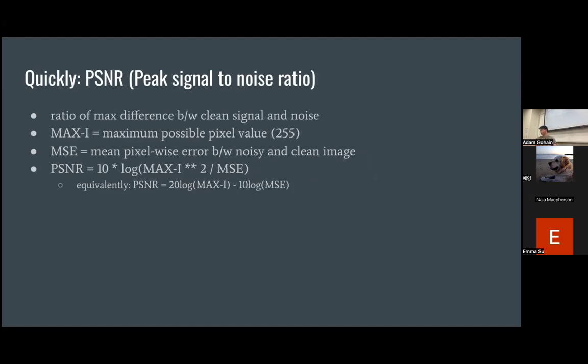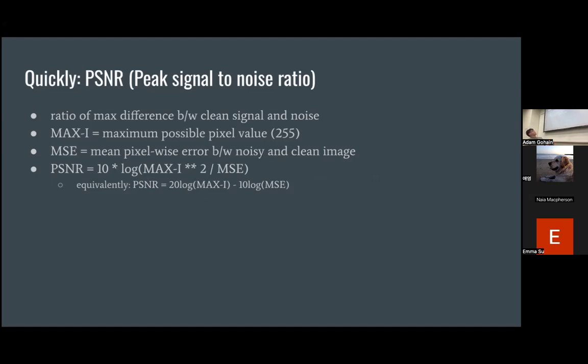So PSNR quickly is just the ratio of the max difference between some clean image and the noise present within the image. So it just follows this formula. I think that this bottom formula, where it says that PSNR equals 20 log max intensity minus 10 log mean squared error, is sort of the most appropriate.